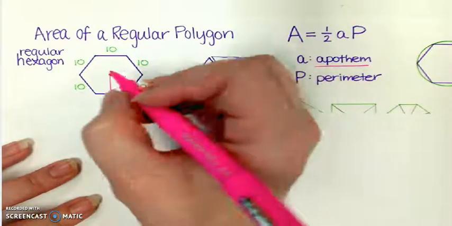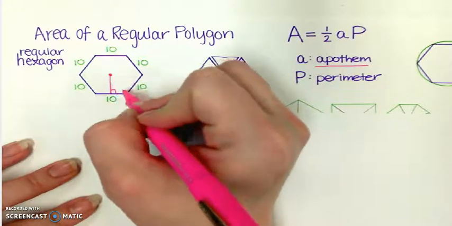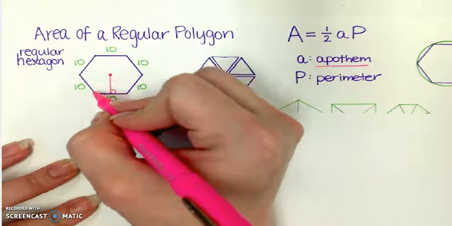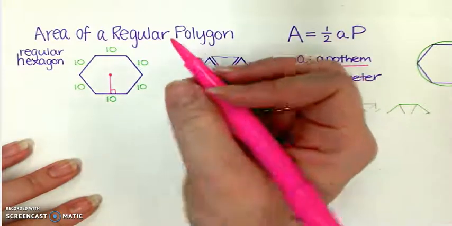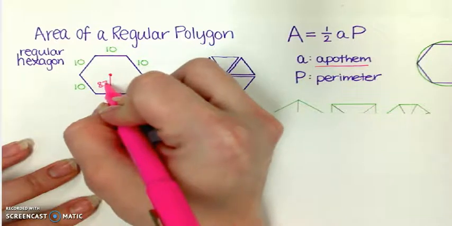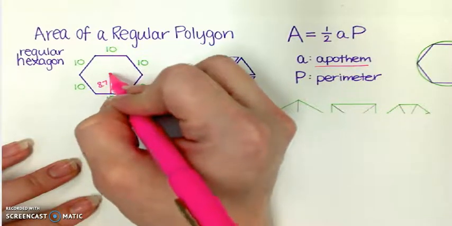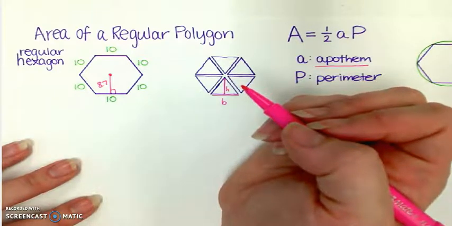And you can do some fancy SOHCAHTOA now, since we have some right triangle stuff going on. We know how to find angles in our polygons, but I'm going to save that for later, and I'll just tell you I did a calculation, and the length of this apothem is 8.7 centimeters.